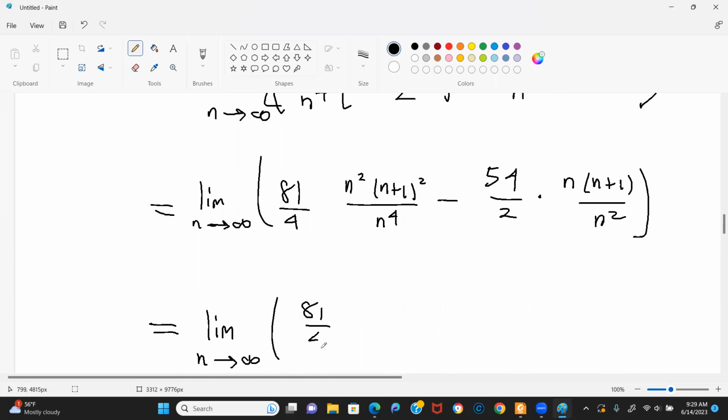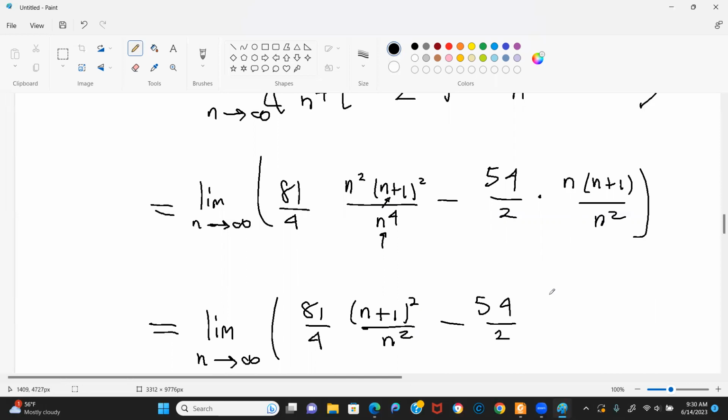I'm going to use a trick I used in the last video. I have n to the fourth, so I can break it as n squared times n squared. So one n squared will cancel with this one, and then I can divide the other n squared into this. So you just do this, then you have n squared. I canceled out a factor of n squared.